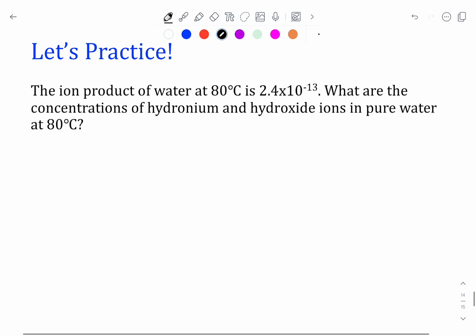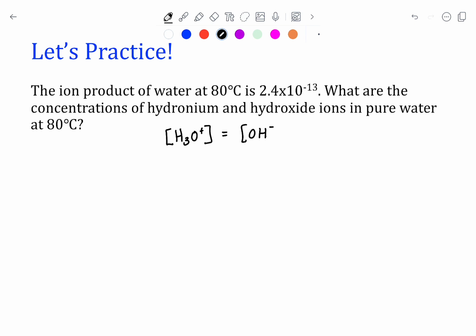So let's say we have that the ion product of water at 80 degrees Celsius is 2.4 times 10 to the minus 13. What are then the concentrations of the hydronium and the hydroxide ions in pure water at 80 degrees Celsius? So we know that at any temperature, H3O plus is equal to OH minus.